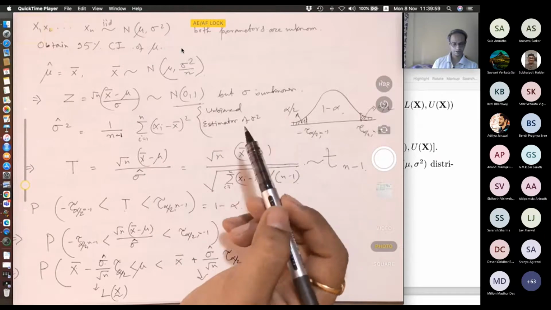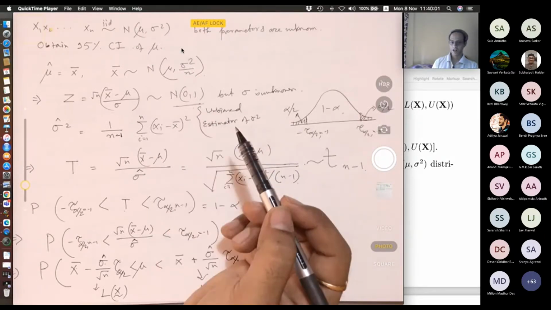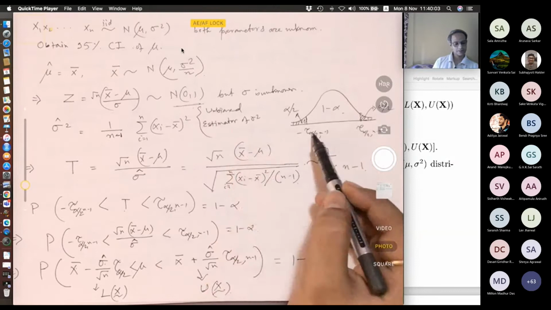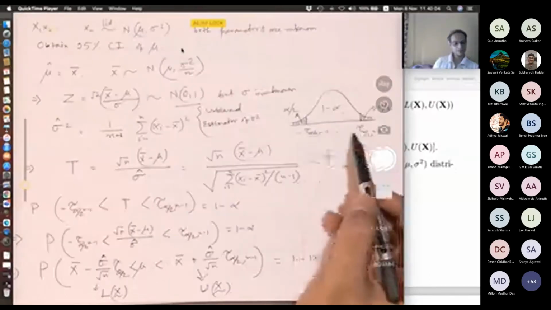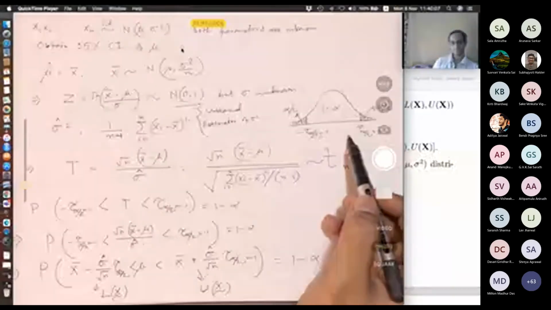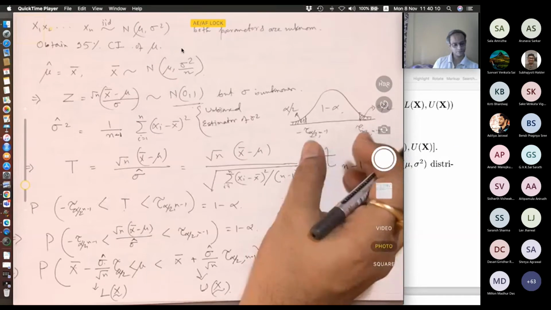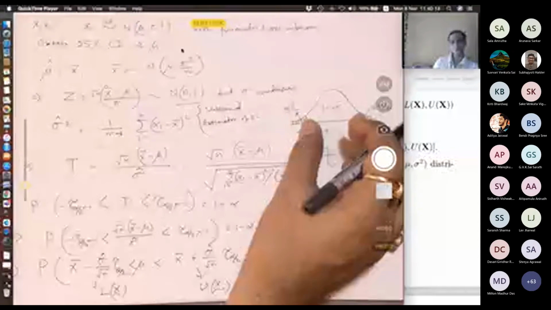This is the pivoting. That part is important. After doing pivoting, this is not the only interval which contains 1 minus alpha probability.